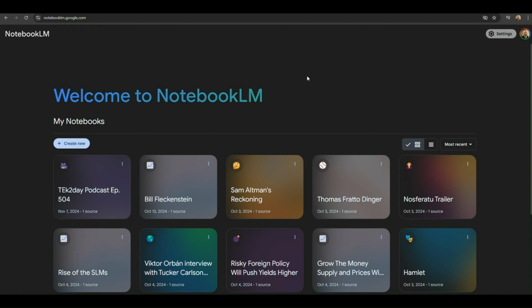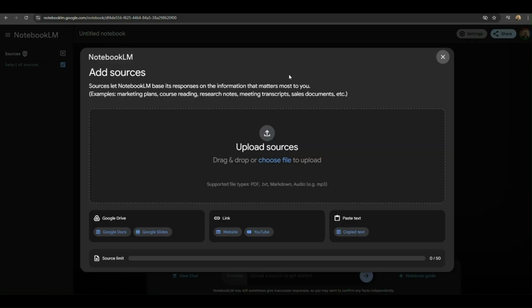And in terms of features and functionality, the piece we highlighted in that original article was the product's ability to create a podcast generated by AI.